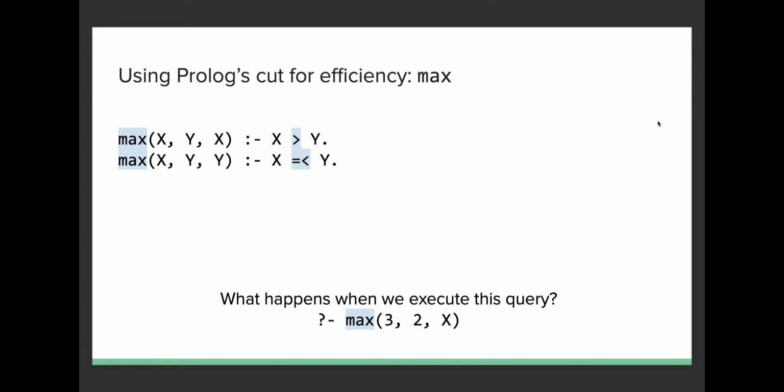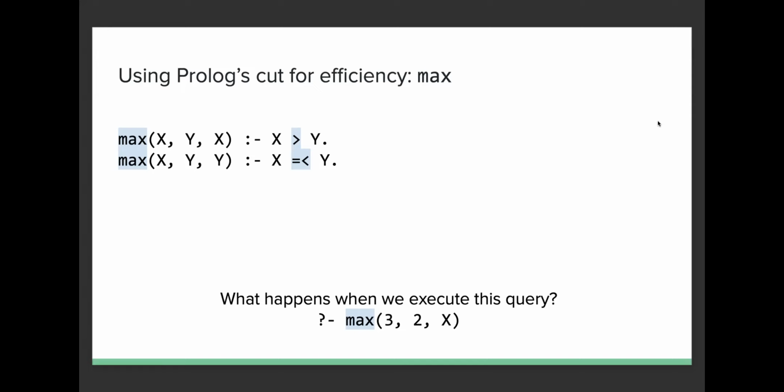We try the first line, yes. We see that we can match x with 3, right? So x, the third argument here in the query, is a variable. So we can pattern match it with both the first argument and the second argument.